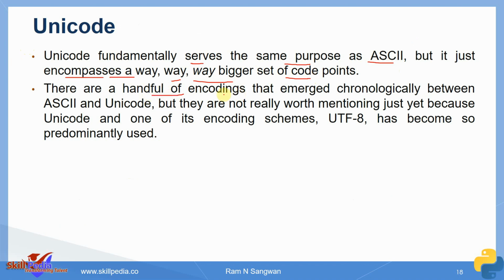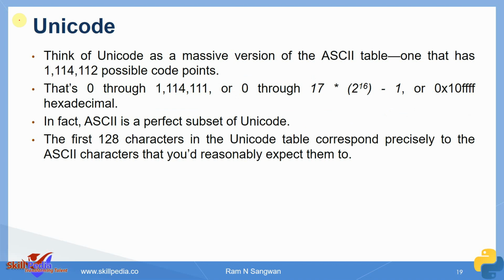There are a handful of encodings that emerged chronologically between ASCII and Unicode, but they are not really worth mentioning just yet because Unicode and one of its encoding schemes, UTF-8, has become so predominantly used in the computer world. Think of Unicode as a massive version of the ASCII table, one that has 1 million possible code points.